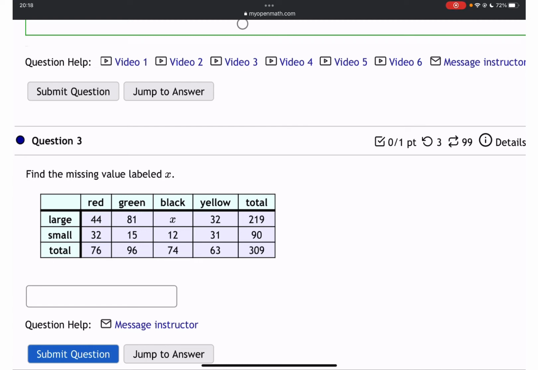So let's go. 219 minus red is 44, minus green is 81, minus 32. Why am I subtracting the first row? Because this black large is located in the row of large ones, right? So it's going to be 32.